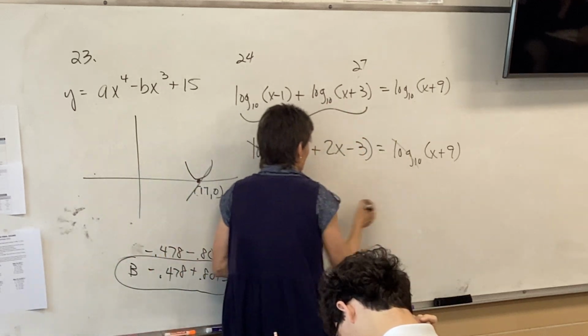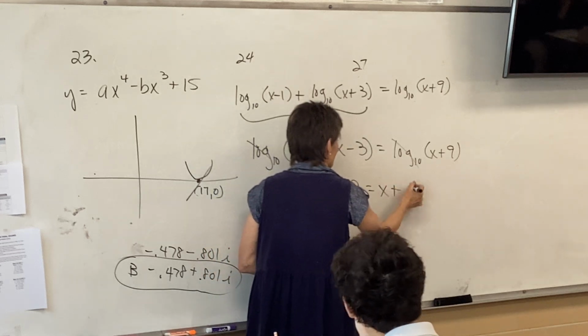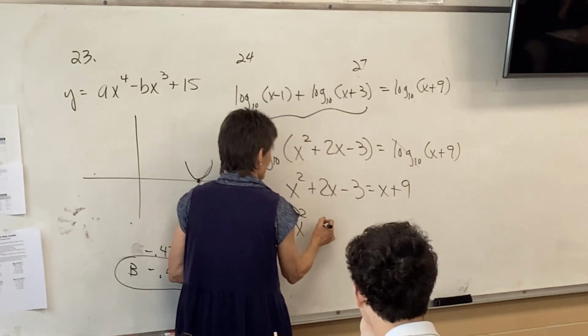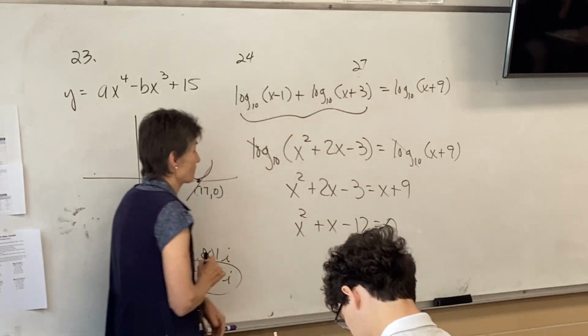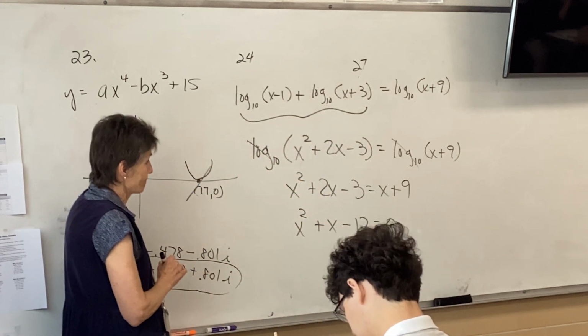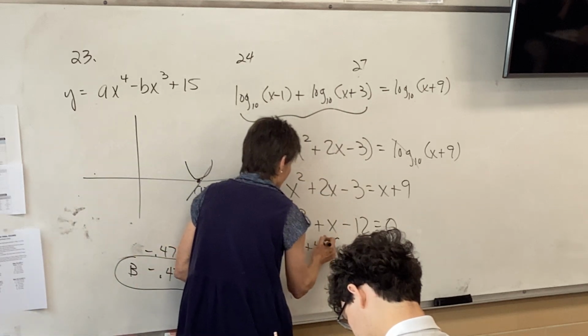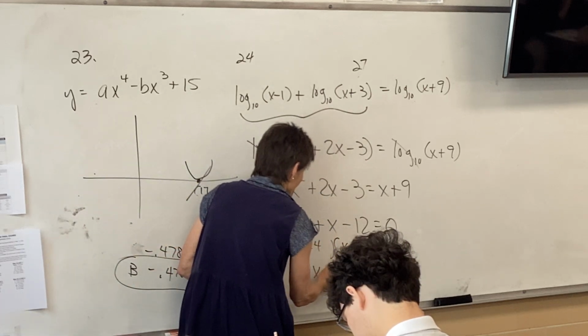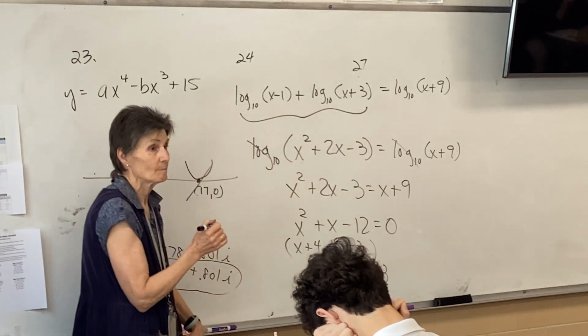Now I can drop these and solve this equation. So x squared plus x minus 12, which factors. So x is negative 4 or x is 3. Would you agree with that?